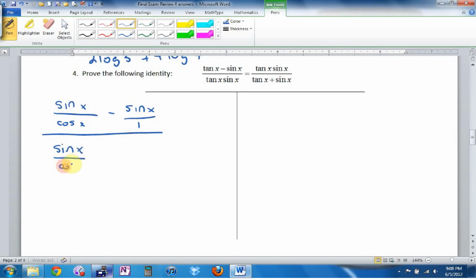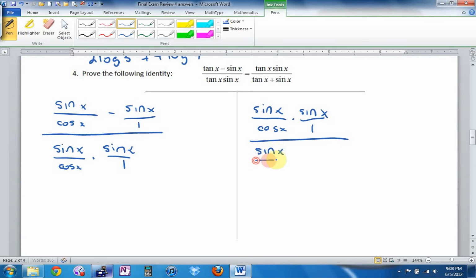sine over cos times sine over 1. This is going to become sine squared over cos on the next line. This is sine x over cos x times sine x over 1 all over sine x over cos x plus sine x over 1.